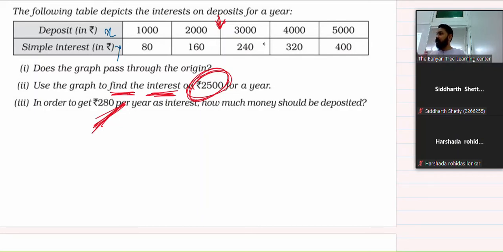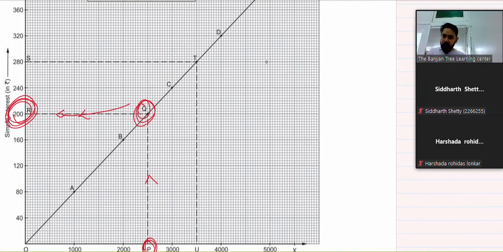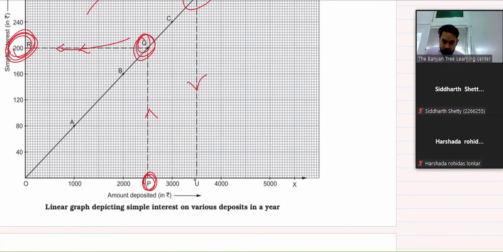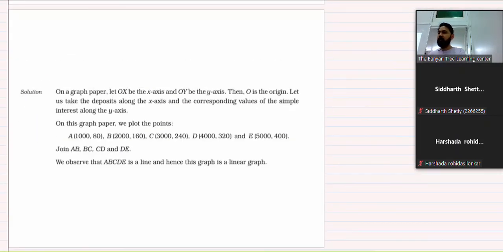A horizontal dotted line. We'll make it meet the graph line, and then from there we draw a vertically downwards line which will meet the x-axis. So from 280 we drew a line, made it meet the graph, extended it down, and we got this. How much? 3,500. This is how to deal with linear graphs. Easy or not?